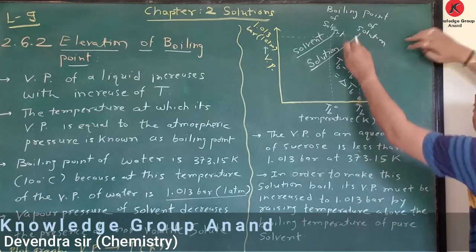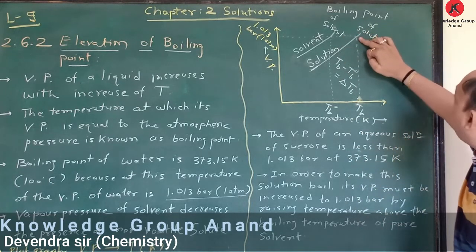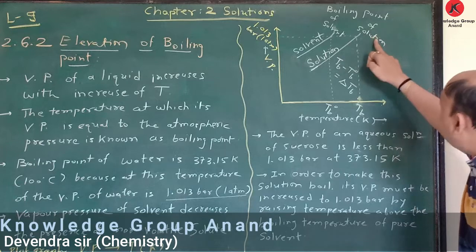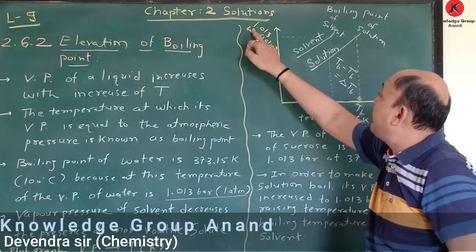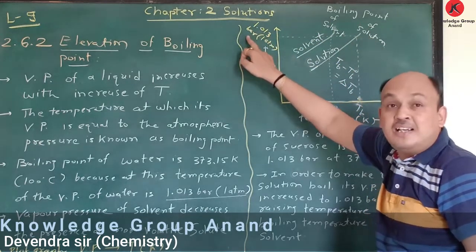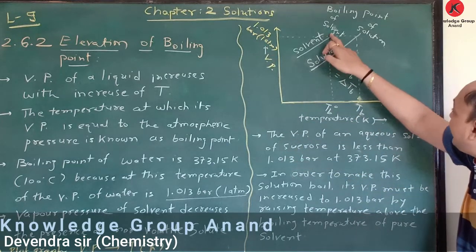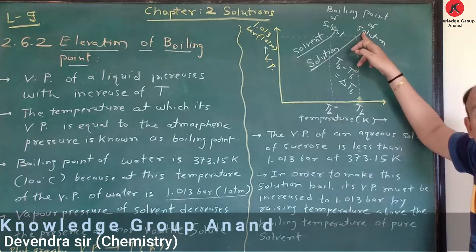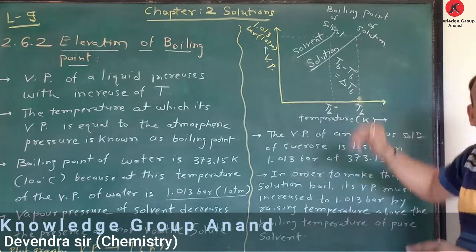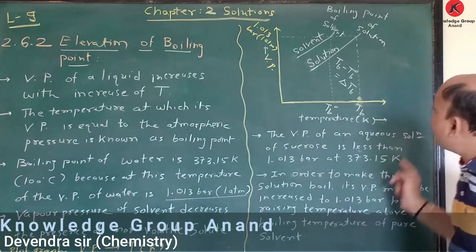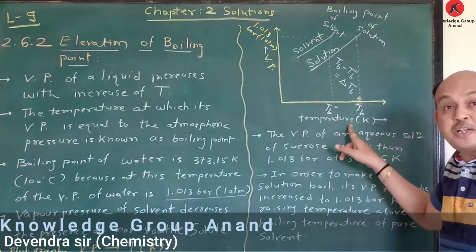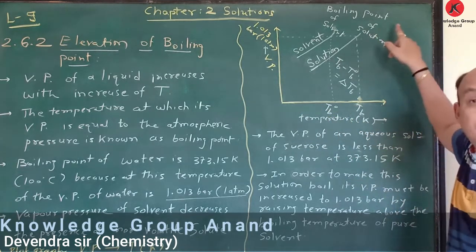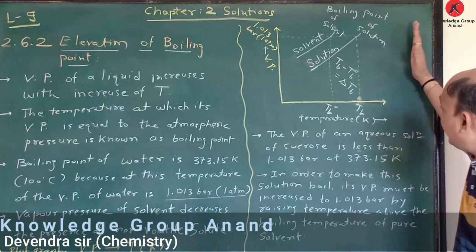At this particular temperature, the boiling point of the solution is when it is equal to atmospheric pressure, 1.013 bar. In the solvent the temperature is low but in the solution the temperature is high, and these graphs show the relation between vapor pressure with respect to temperature and boiling point. So here you understood certain things.